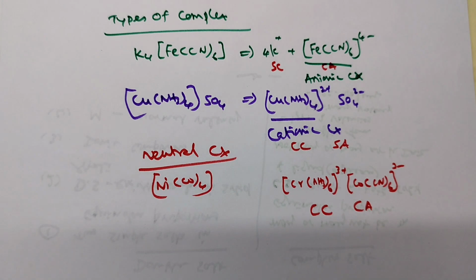One is a simple cation with a complex anion. Another is a complex cation with a simple anion. Another is a complex cation with a complex anion. So these are the three different existences of complexes. Apart from that, there are neutral complexes, where we are not putting any charges on that complex. So these are the different types of complexes in coordination compounds.